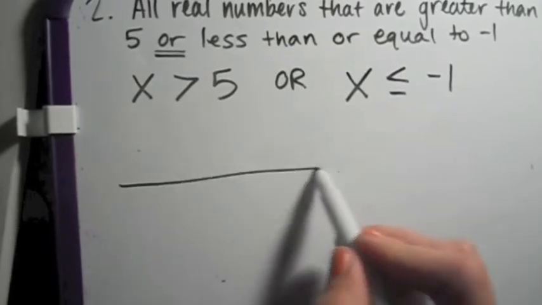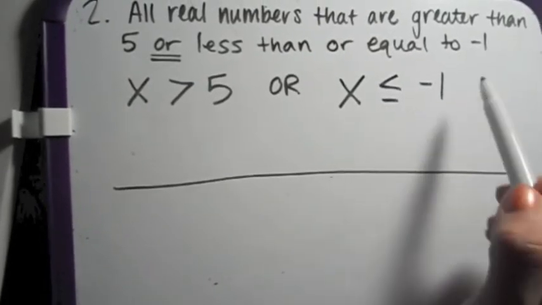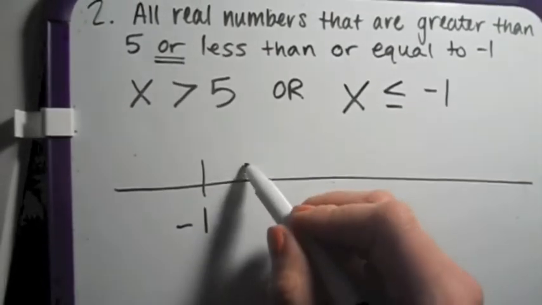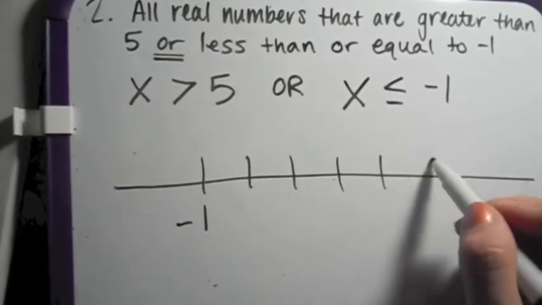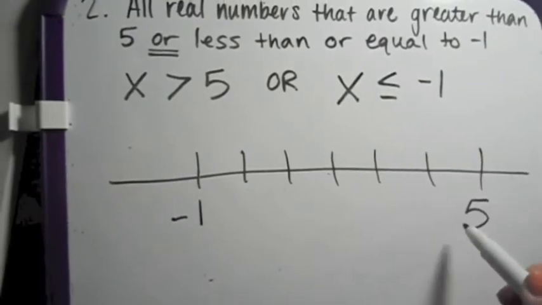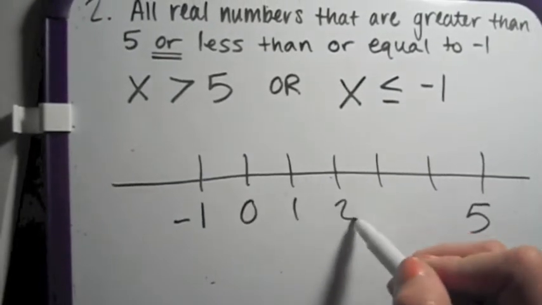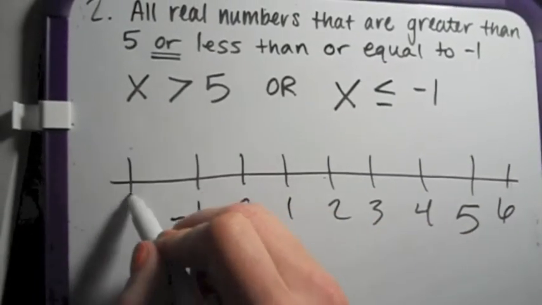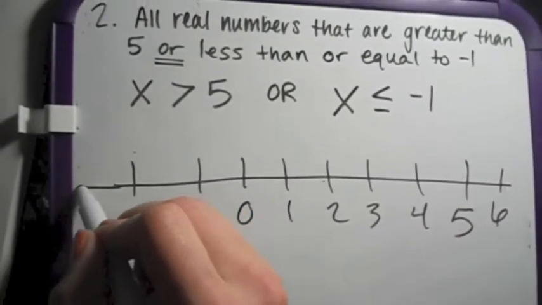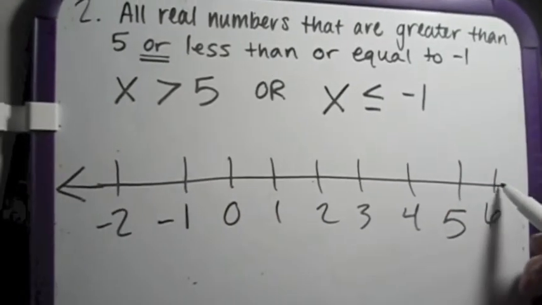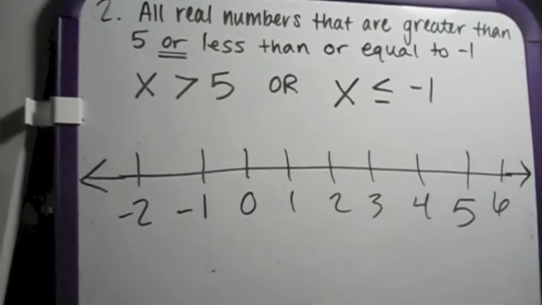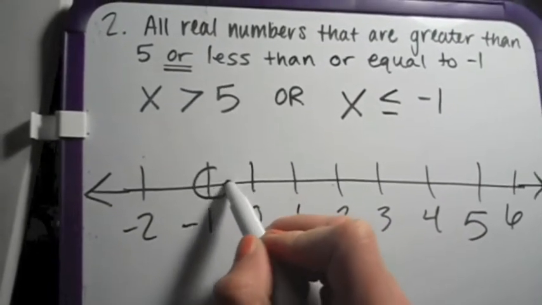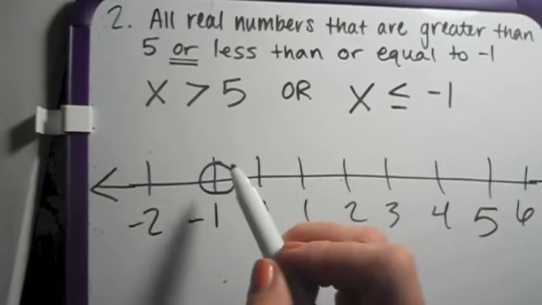So we have the number line. We know that we at least need to have -1 on here, and we need to have 5. Okay, so we have a point at -1, and we know to fill it in because it can be equal to.